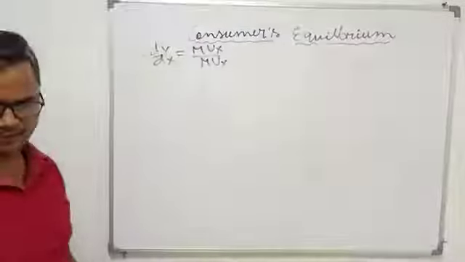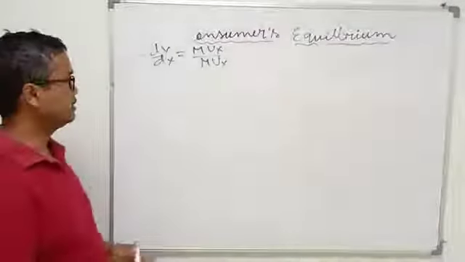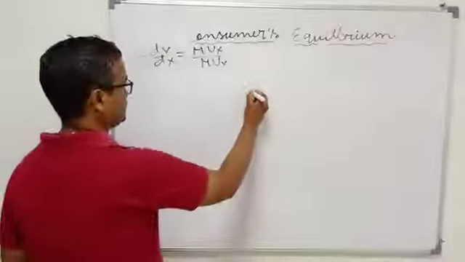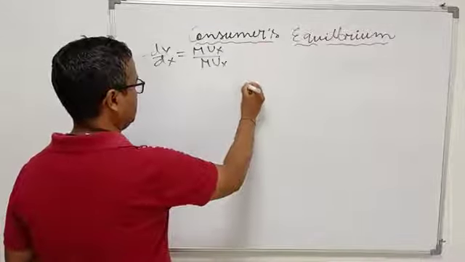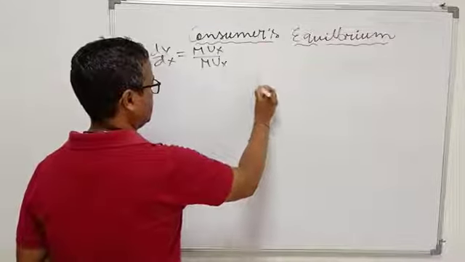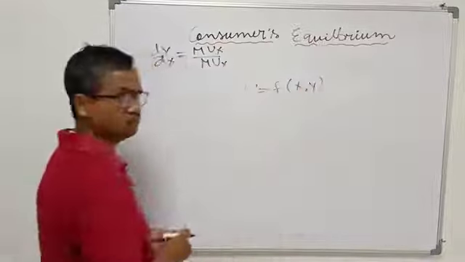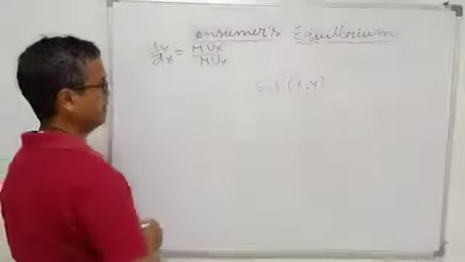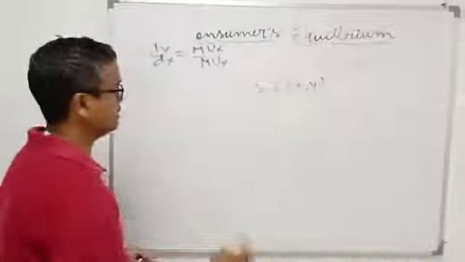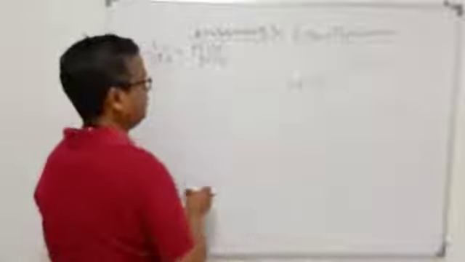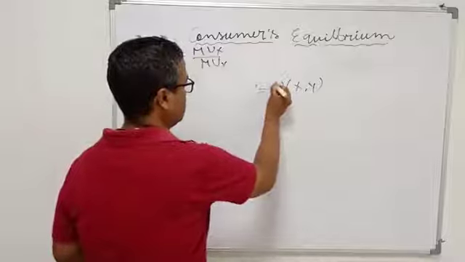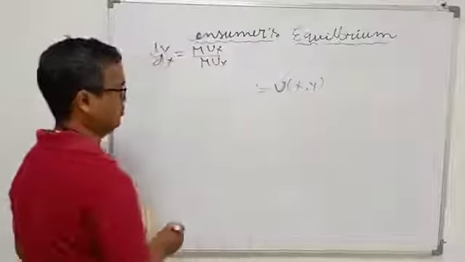Now, in case of the indifference curve, utility is a function of x and y, two commodities. Or you can write it this way also: instead of the function symbol, utility U is a function of x, y.